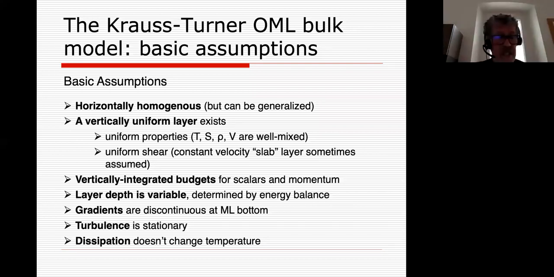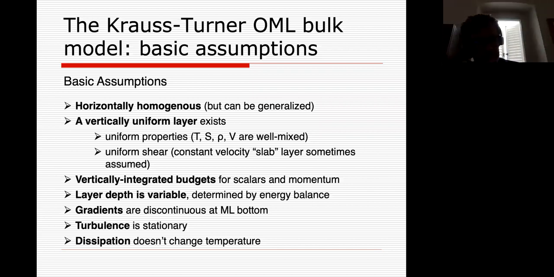We assume that there are gradient discontinuities at the mixed layer bottom, which is quite a fair assumption.